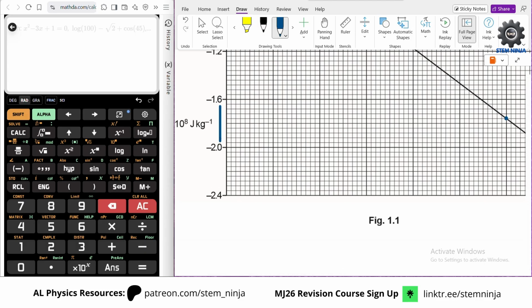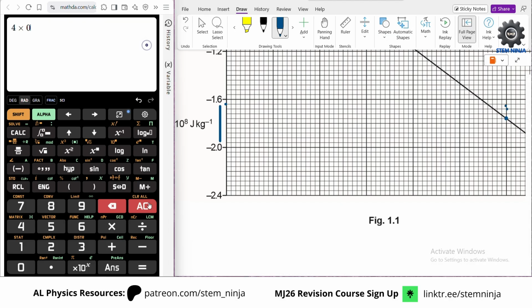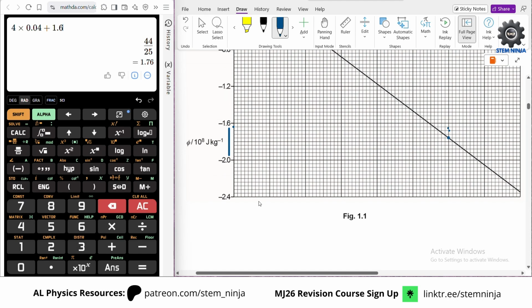So 0.4 units covered in 10 grids or 10 minor graduations or minor boxes over here. That means 0.01 in every mark. So 0.04, we have 1, 2, 3, 4. So 4 times 0.04 plus 1.6, that is 1.76, but negative, right?